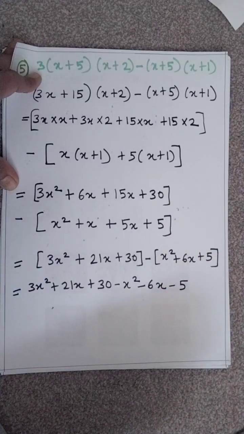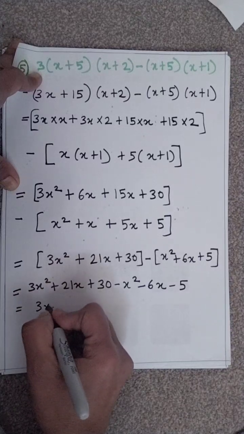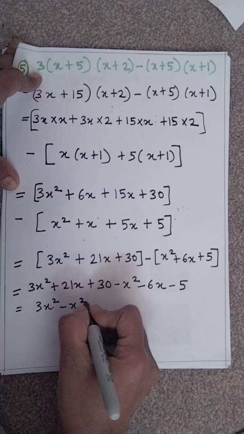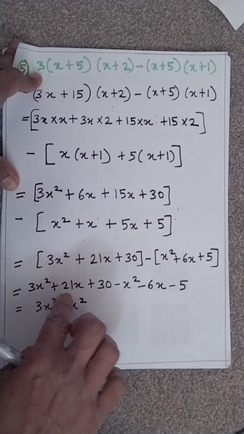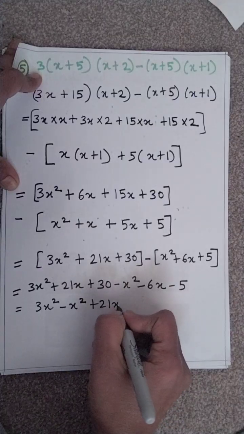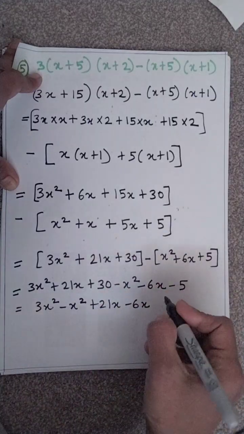Okay, now we bring similar terms together. Is equal to 3x square minus x square together, plus 21x minus 6x, plus 30 minus 5.